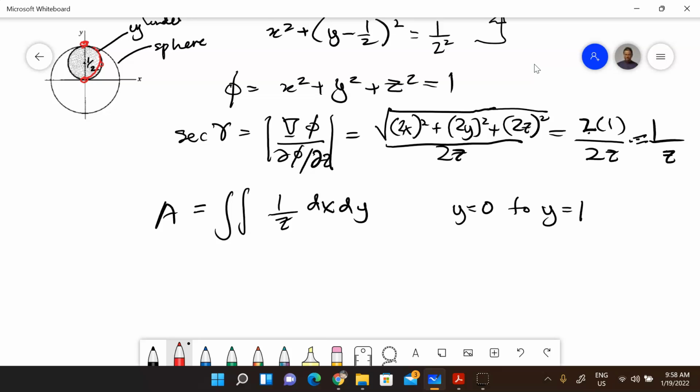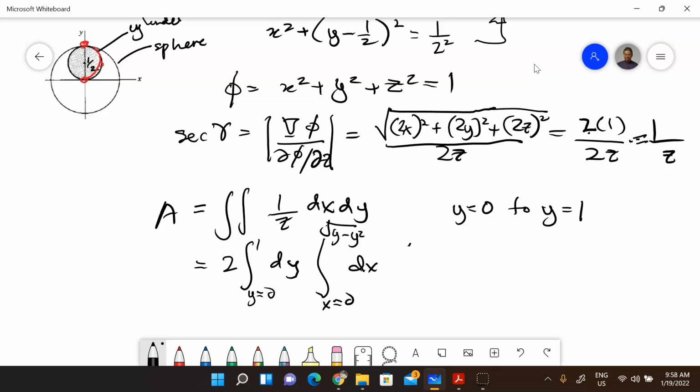So in other words, the area will be the following. This equals 2, coming from the two parts, times the integral of y equals 0 to 1 of dy, and then the curve of that will be x equals 0 to the square root of y minus y squared. This is from the equation of the cylinder. Then dx over 1 minus x squared minus y squared.